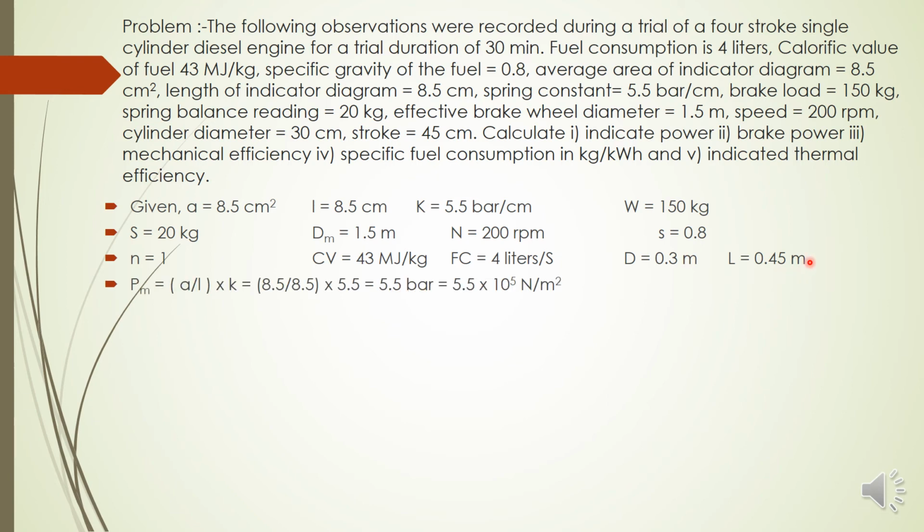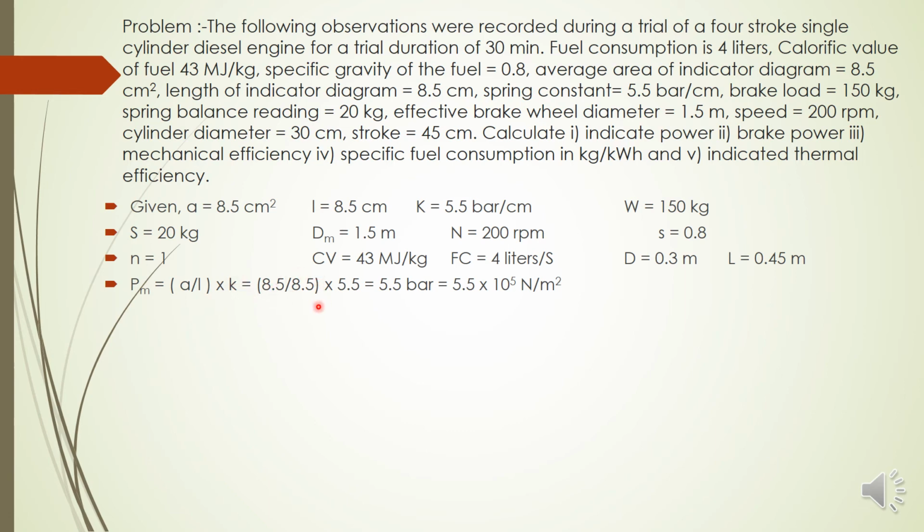Now the first step is to find out the mean effective pressure, Pm. Pm is found by the area of the indicator diagram divided by the length, into the spring constant.